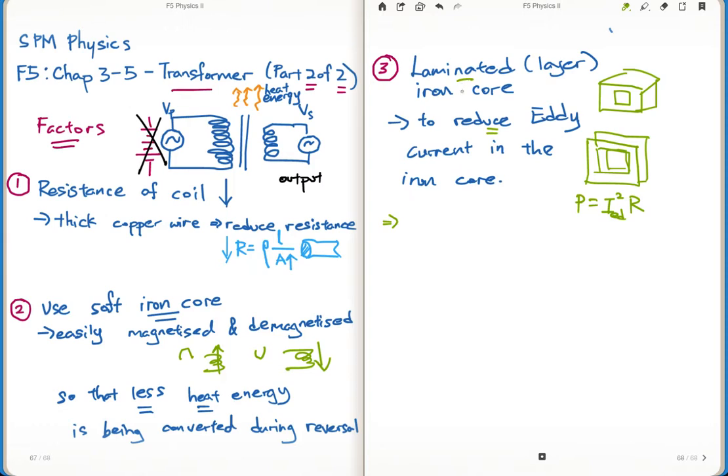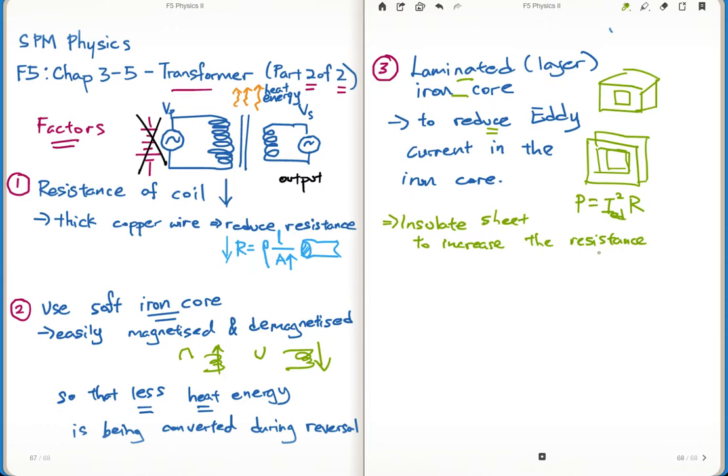Each sheet of this iron core is painted with enamel paint, so it insulates the sheets to increase the resistance, so that the current can't really flow.